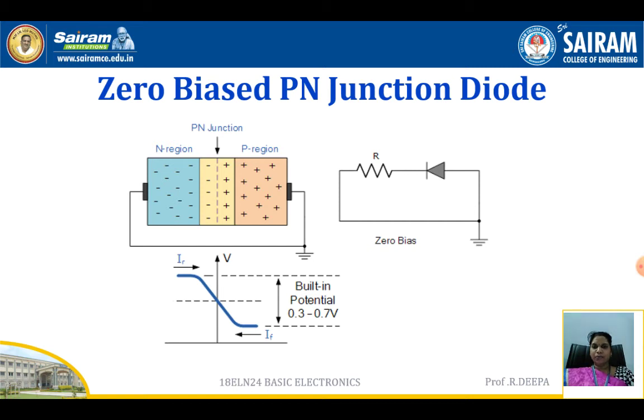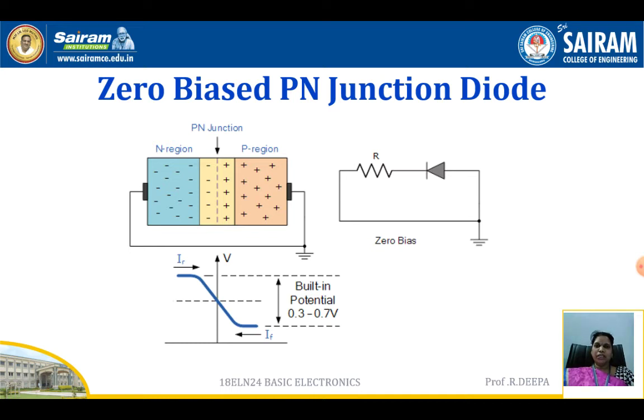Once this recombination is completed, you can see there will be some electrons left near the PN junction of the N region and holes will be left across the PN junction near to the P region. So these electrons and holes will produce a barrier potential which will form a depletion region across the PN junction. This potential we will call a built-in potential, which is shown down.